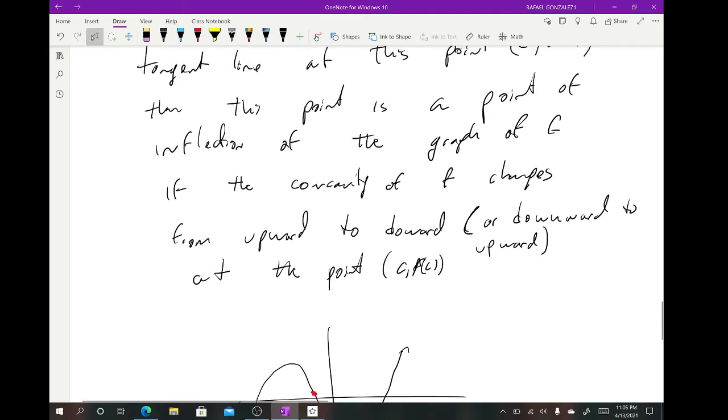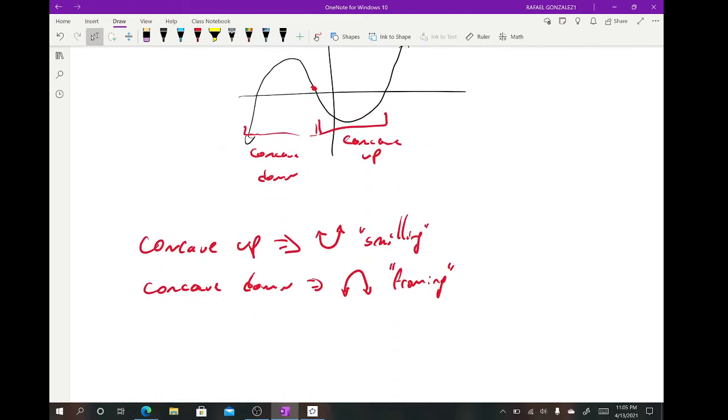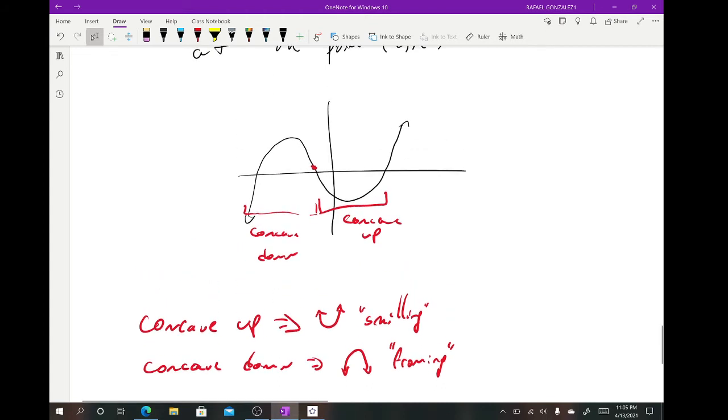And I just gave you the punchline. This is something that I'm going to write when I write the formal definition of the second derivative test, but I just mentioned this. Whenever you have concave down, you have a maximum. When you have concave up, you have a minimum. You can see that from this picture. Here you're going to have a maximum, here you're going to have a minimum.